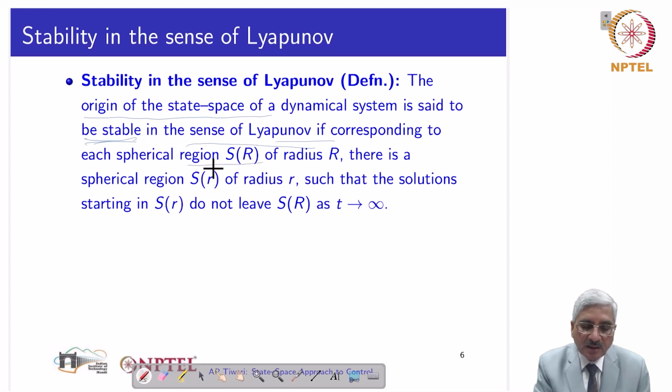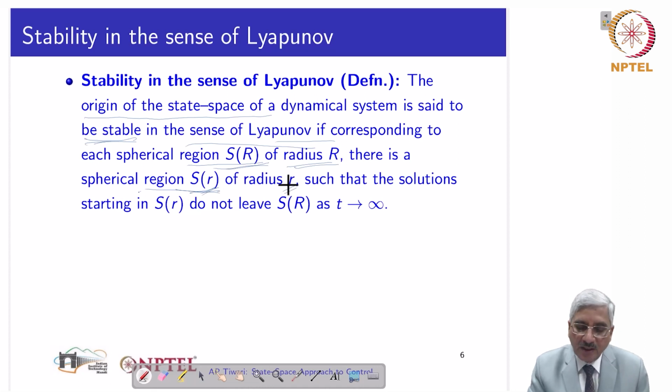So we have a spherical region S(R), and we call its radius capital R, and there is another spherical region S(r), and its radius is small r.